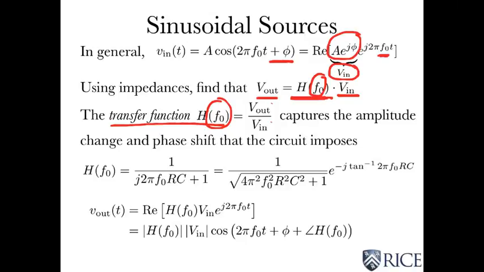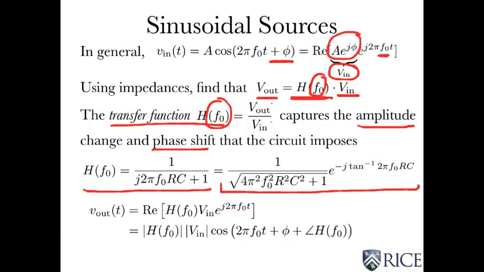The transfer function captures what the circuit does to the amplitude and what it does to the phase. So here's what's going on. We found using impedances that that's the transfer function in Cartesian form, and as we've seen, it's much easier to deal with mathematically if we convert that to polar form.